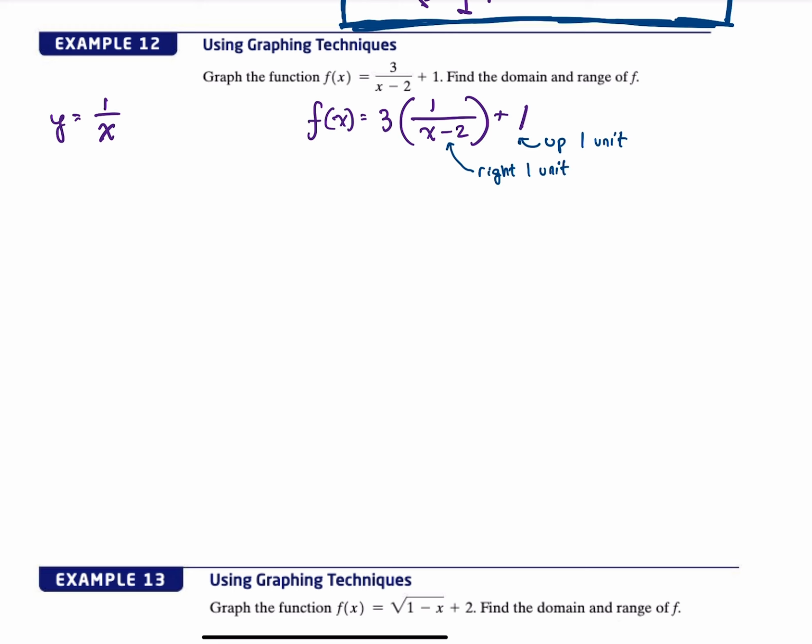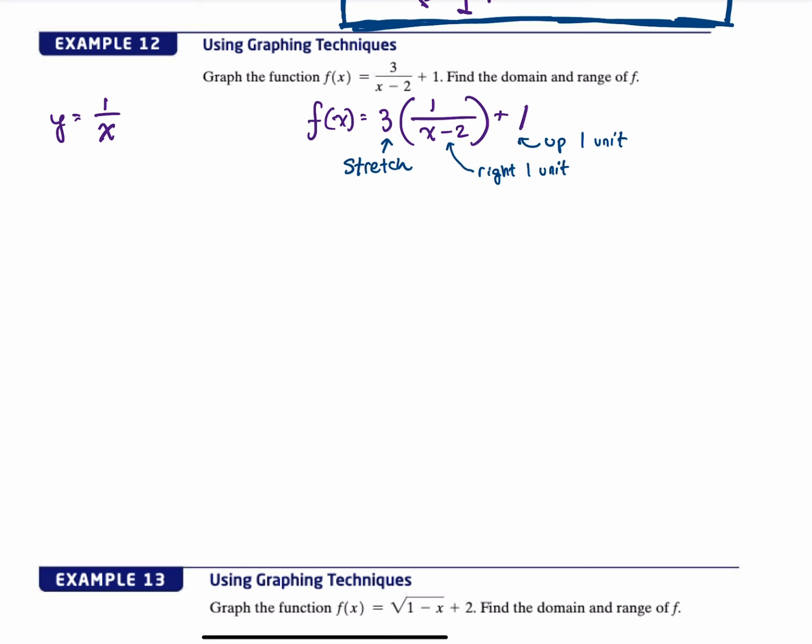And then this 3 is being multiplied outside of the function. So this is a stretch by a factor of 3. So all the outputs will be multiplied by 3, and then 1 will be added to them. So it's going to be stretched and shifted. So let's build this step by step. It's kind of hard to visualize it all at once.